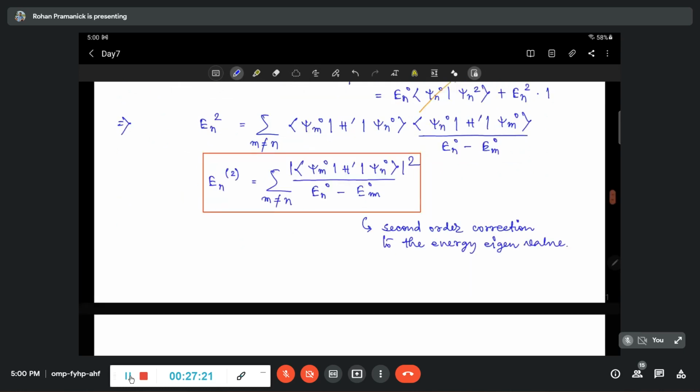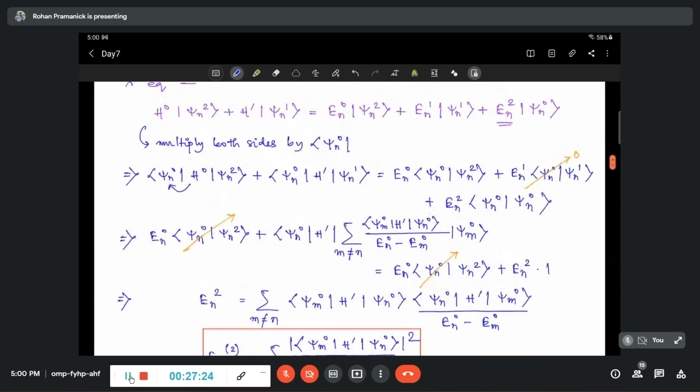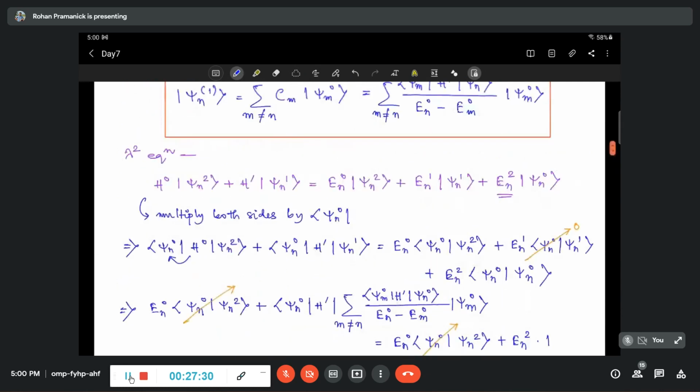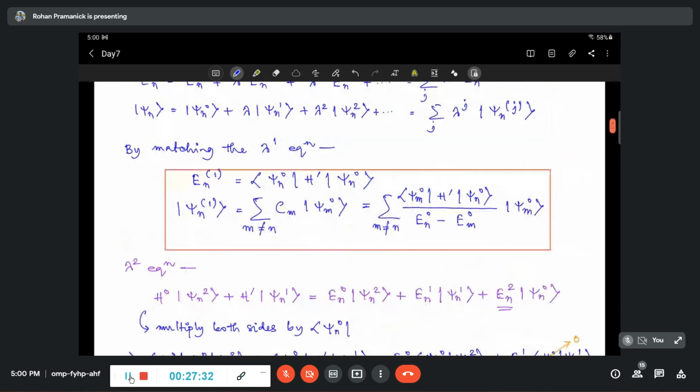I hope this is clear. You can also do it yourself. You just multiply with psi n0 and rely on the previous day's fact that psi n1 contains all the states except psi n0, and you will be able to do it.